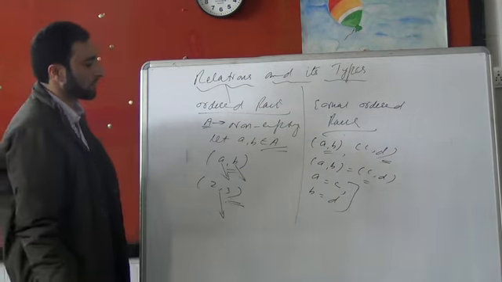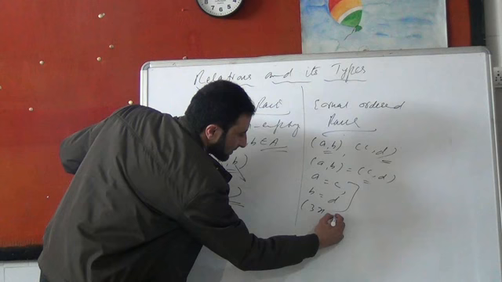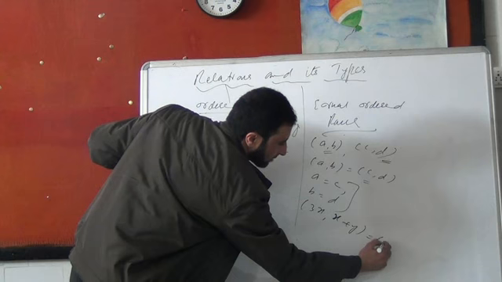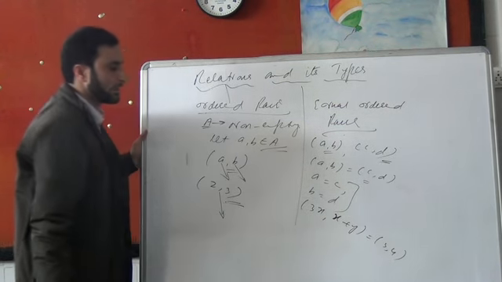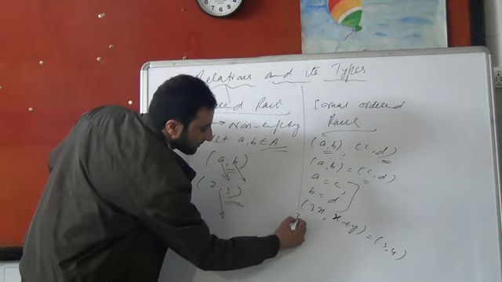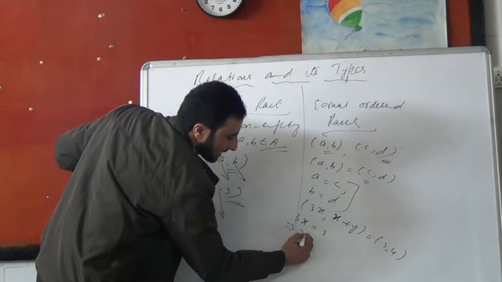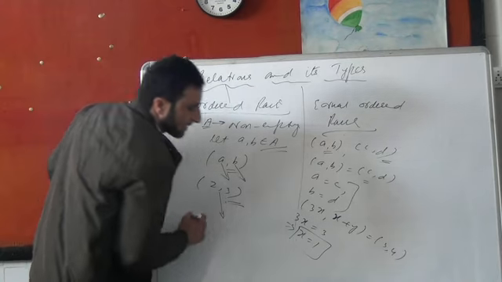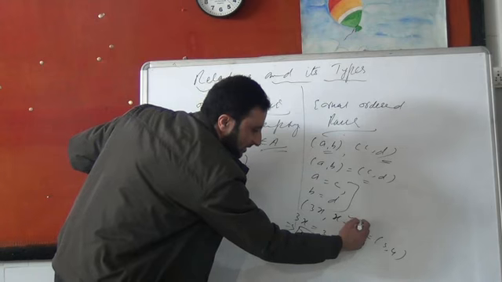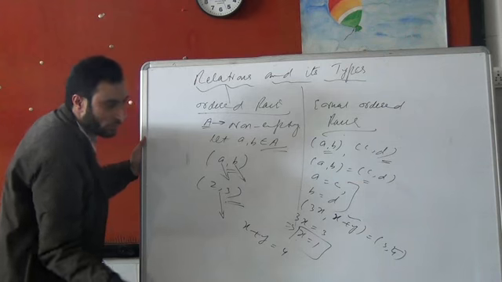The best example for this will be if we have (3x, x + y) = (3, 4). Then clearly the two ordered pairs will be equal if and only if the first entry 3x = 3, which implies x = 1, and x + y, the second entry of the first ordered pair, is equal to the second entry of the second ordered pair, that is 4.